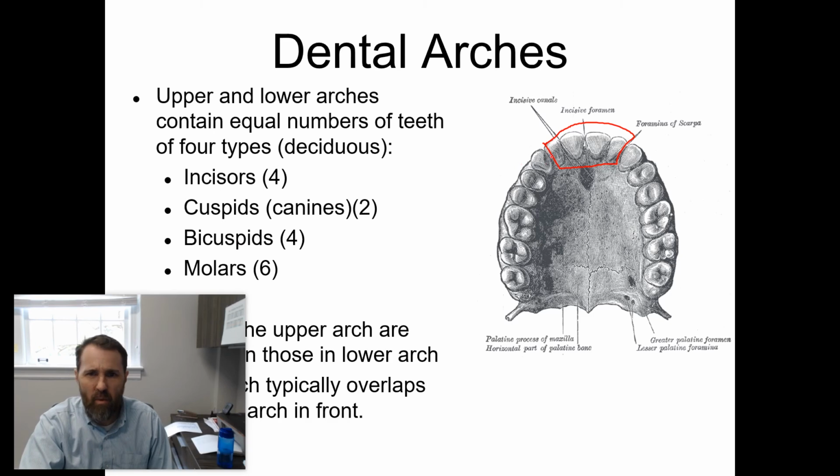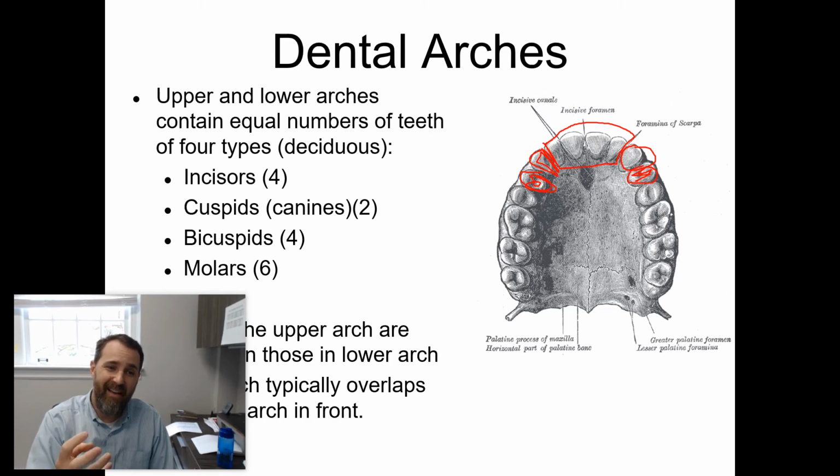Your canines or your cuspids and your bicuspids, which are like between a molar and a canine, sort of a hybrid tooth right there. These aren't for cutting. These teeth are more for gripping and tearing.